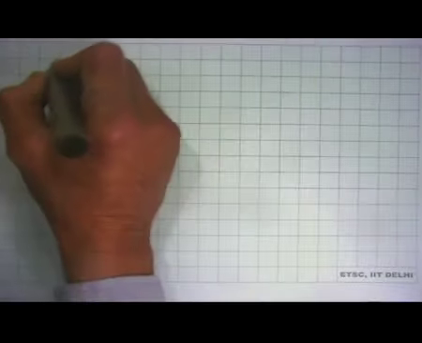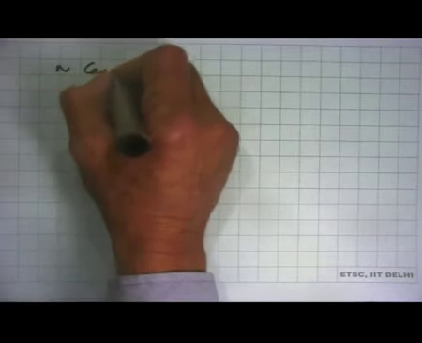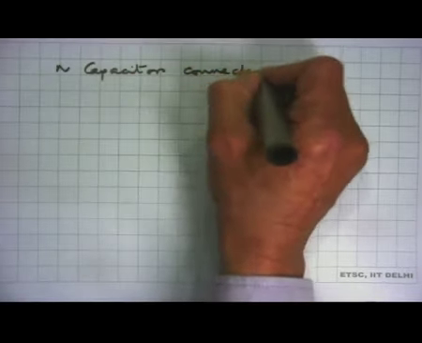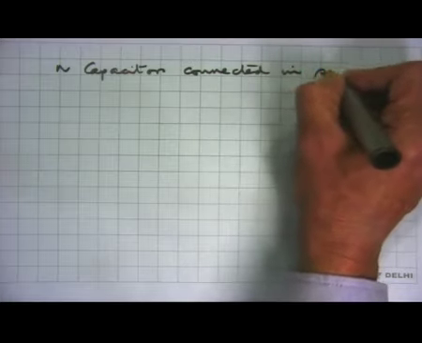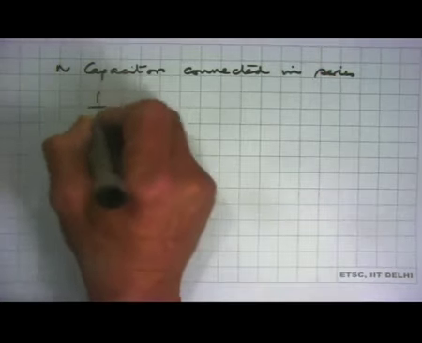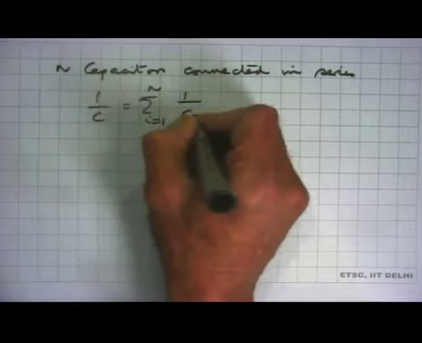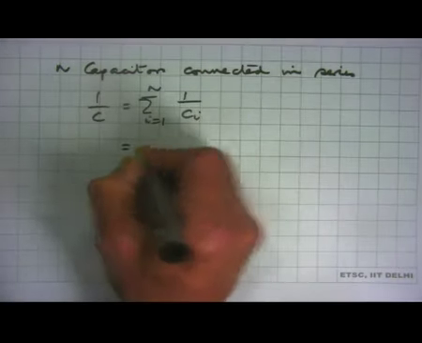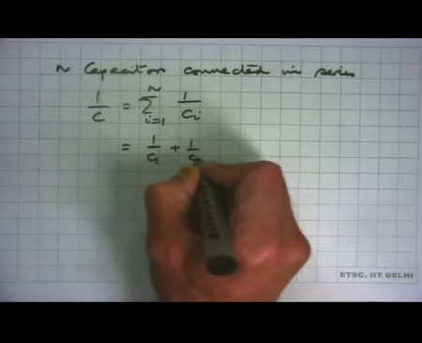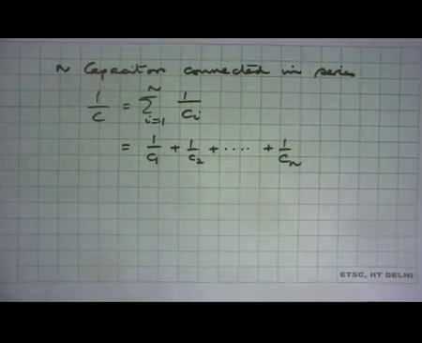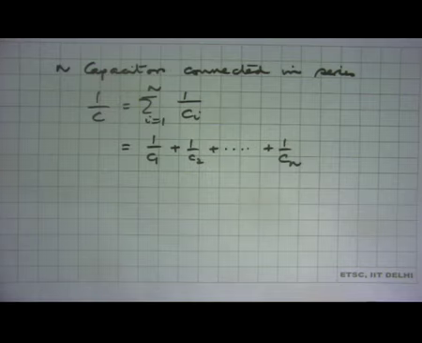So, if I had n capacitors connected in series, the equivalent capacitance is given by 1 by C equal to sigma i is equal to 1 to n of 1 by C i, which is actually equal to 1 by C1 plus 1 by C2 plus and so on. So, I can use this formula to calculate the capacitance of a series of capacitors which are connected in series.